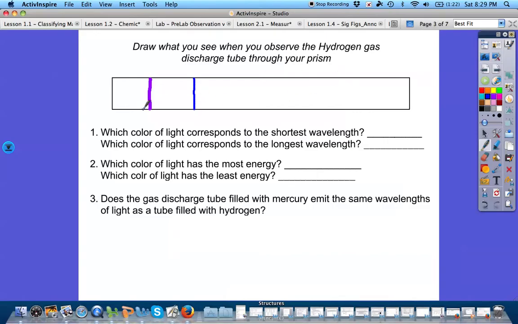So we start with violet over here on the far left, and then we have a blue, and then we have a really thin green line almost in the middle, and then we have a thick red line on the far right.